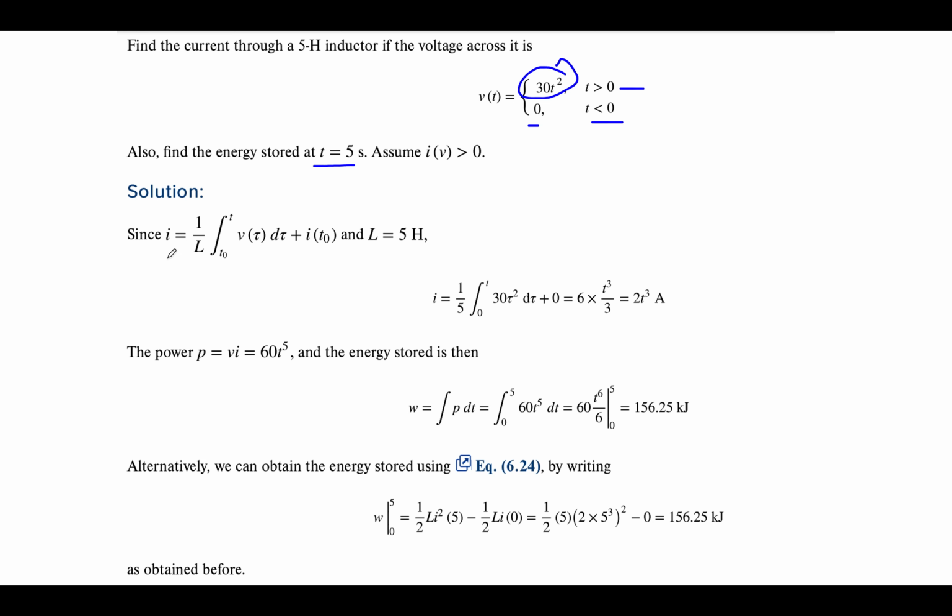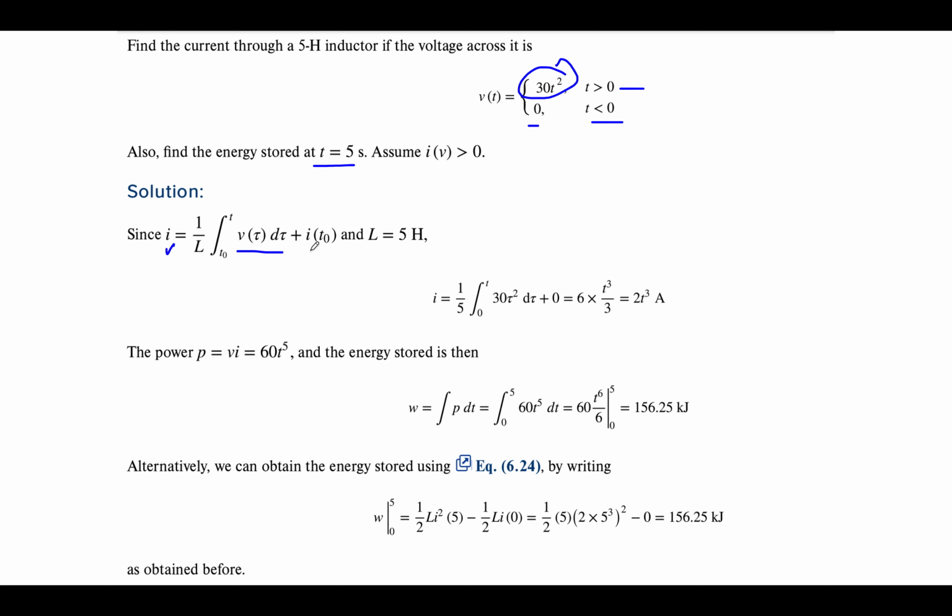First of all, we basically use our formula where if we're given a voltage, we want to find a current. So we're going to have to use the integral form. Instead of L dI/dt, we're going to use I equals 1 over L times the integral of V(t) dt plus I at t naught.